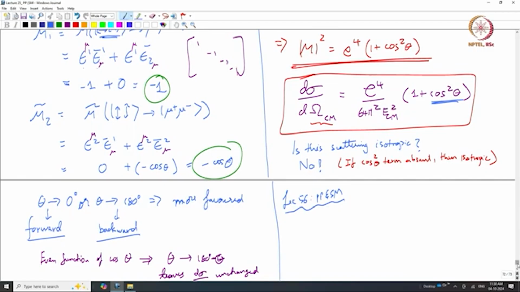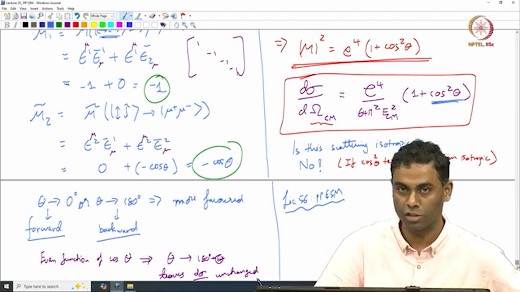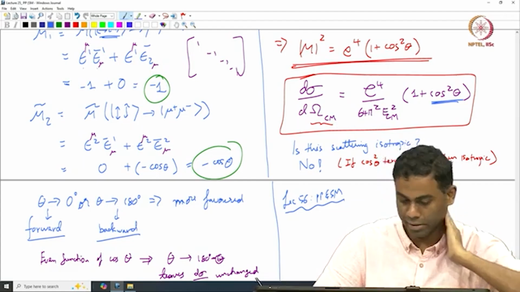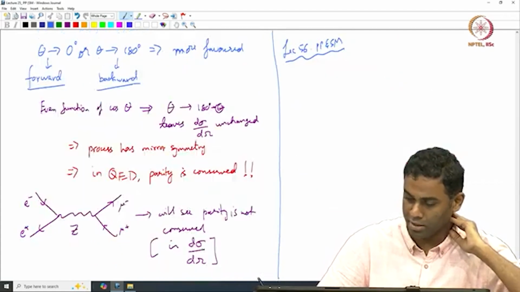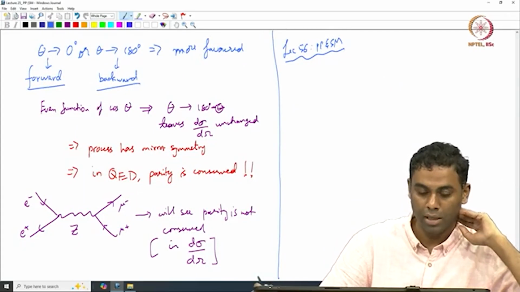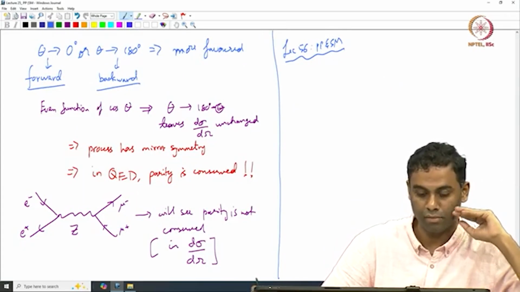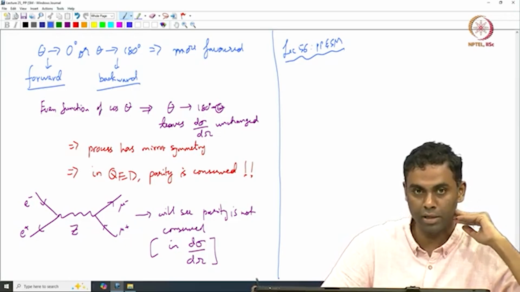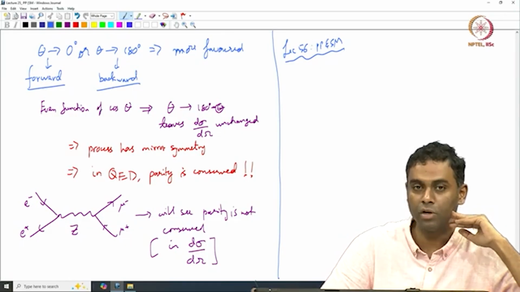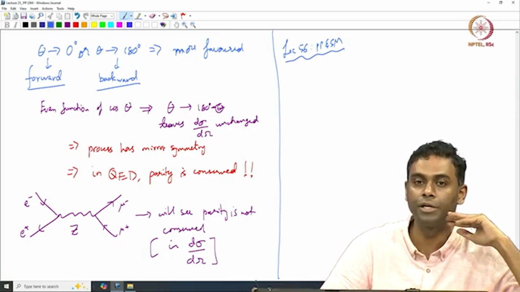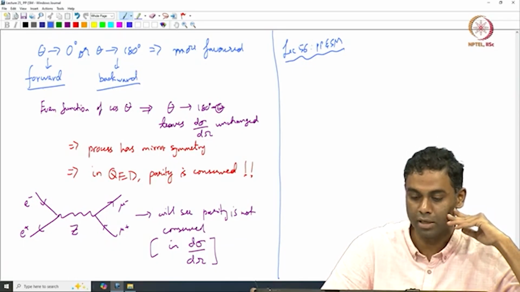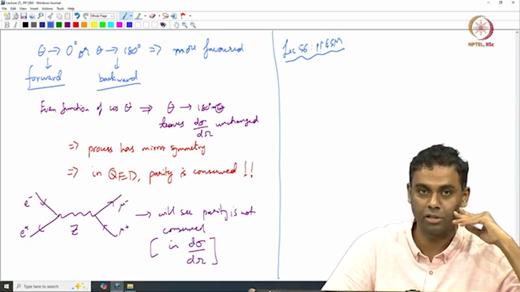So scattering is not isotropic, but we still have one symmetry in the problem, which is mirror symmetry. If I replace theta with 180 minus theta, because cos^2 theta is an even function of cos theta, you do have at least a symmetry in the forward and backward directions. There is a mirror symmetry, and that is not surprising because after all parity is conserved in QED, and we did do only a QED calculation.